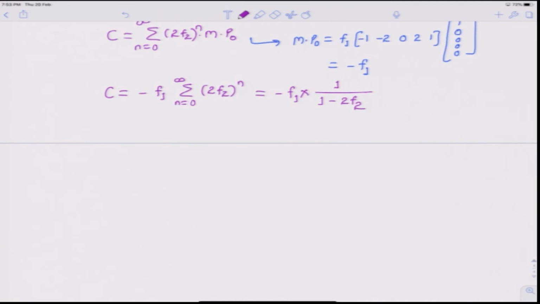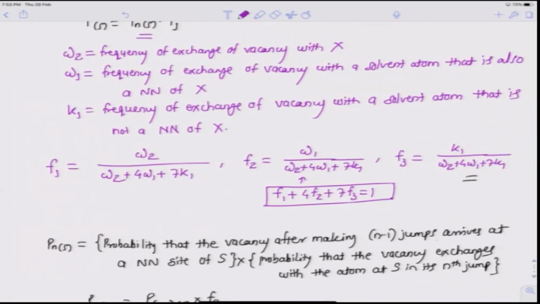And if we substitute for F1 and F2 the way we defined them, F1 is omega 2 over omega 2 plus 4 omega 1 plus 7 K1, and F2 is omega 1 over omega 2 plus 4 omega 1 plus 7 K1.